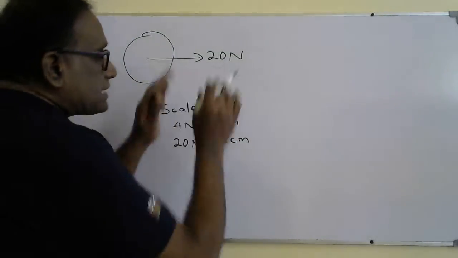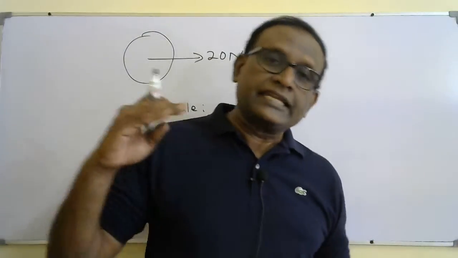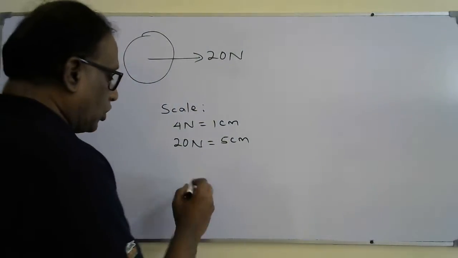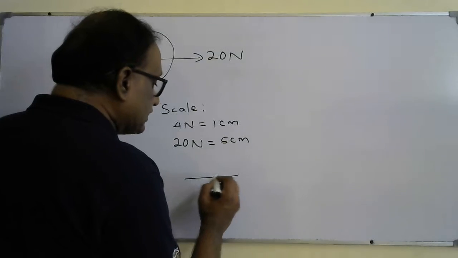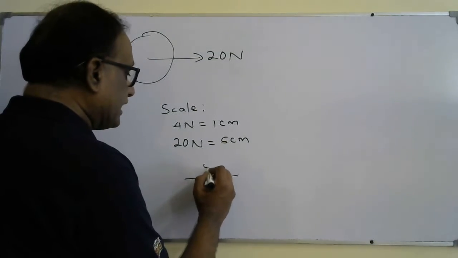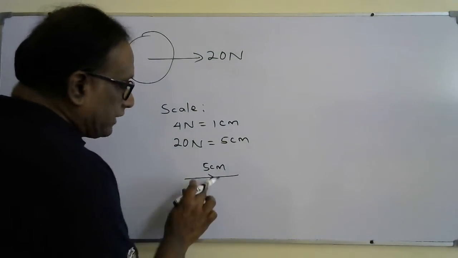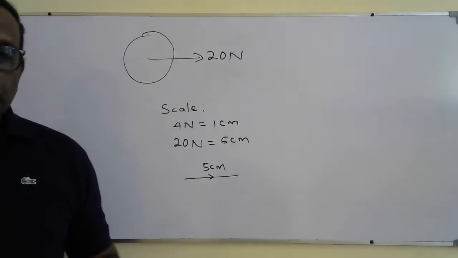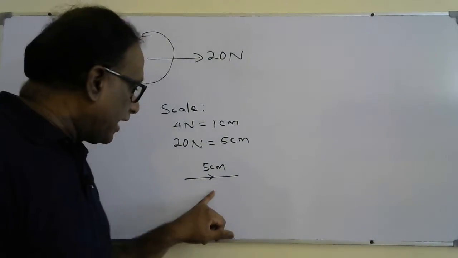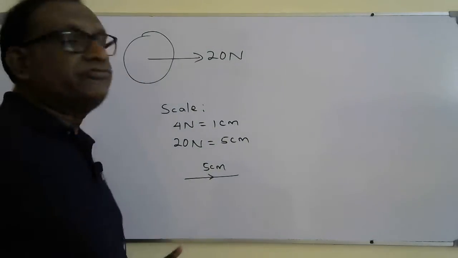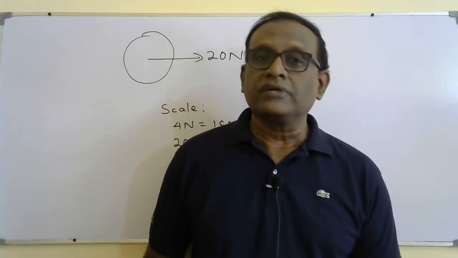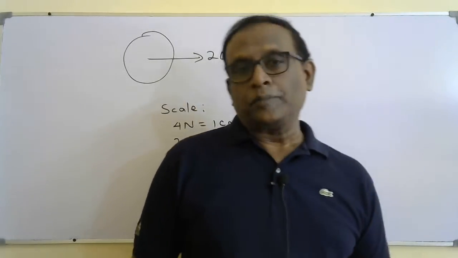Then I can represent this 20 Newton force, which is acting towards right, by a straight line. I should measure and draw a straight line which has a length of 5 centimeter with an arrow towards east. So the force could be shown by a straight line with an arrow which has a length of 5 centimeter. That is the second property of a force, because that is the property of a vector.